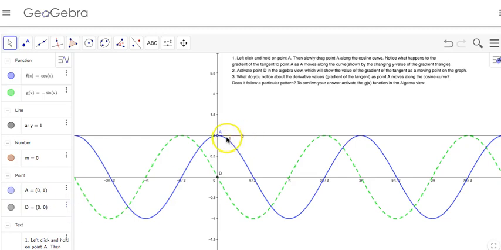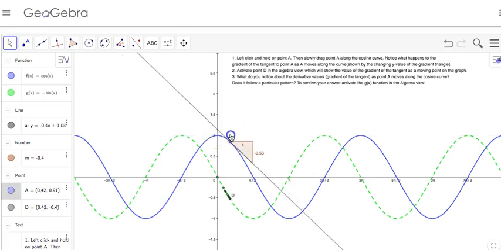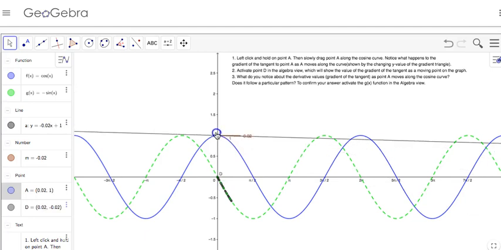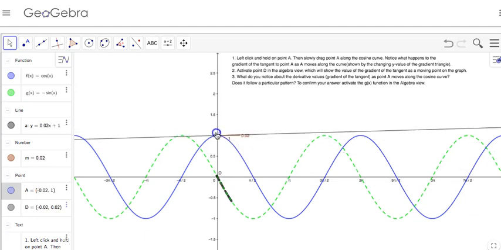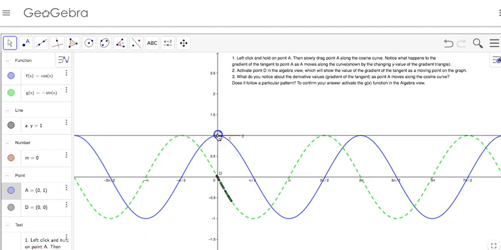So looking here, when looking at the tangent of the curve, here the tangent gradient is 0. Look at the green curve, it's 0. And the point on the green curve is 0, 0. So when x is 0, we can see that the gradient is 0, and the point on the green curve is 0, 0.